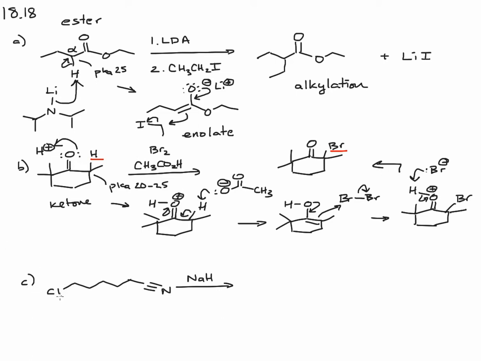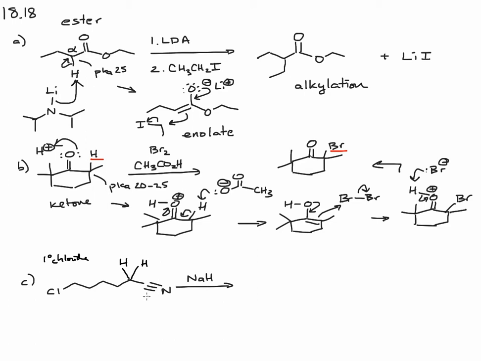In part C, we have this difunctional molecule. We have a primary chloride and we have a nitrile. Let's go ahead and draw in the alpha hydrogens of the nitrile. For the most part, we've seen CO pi bonds basically increase the acidity of alpha hydrogens.